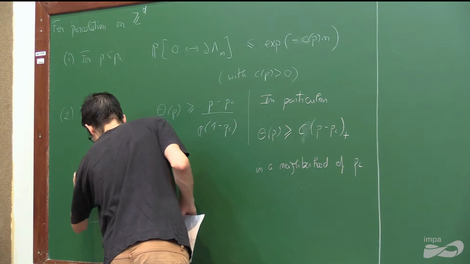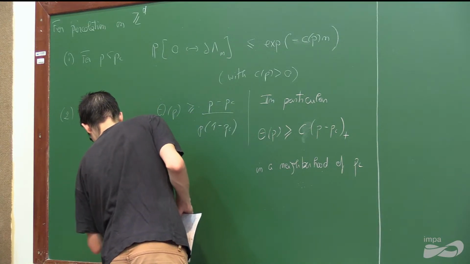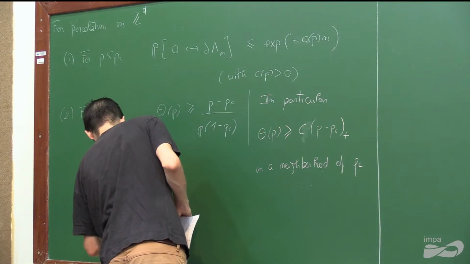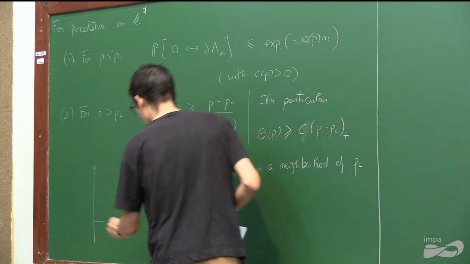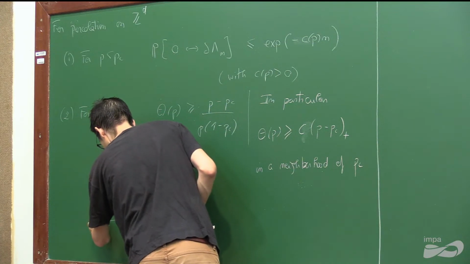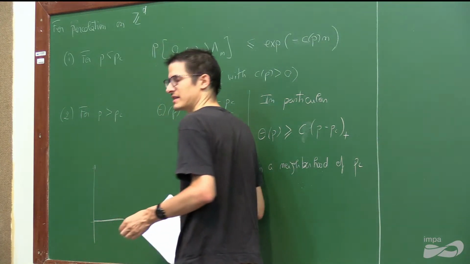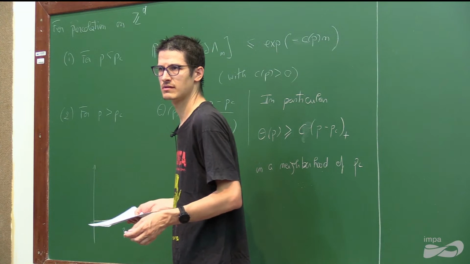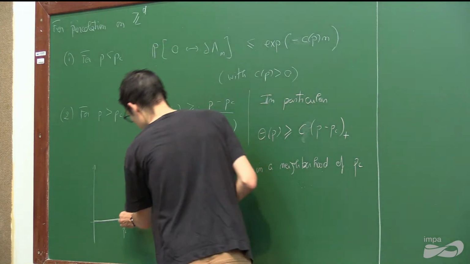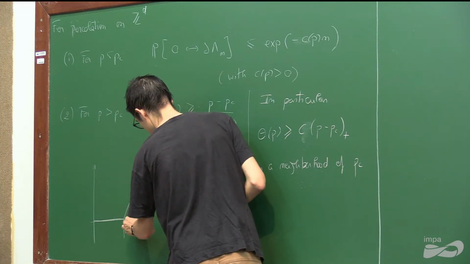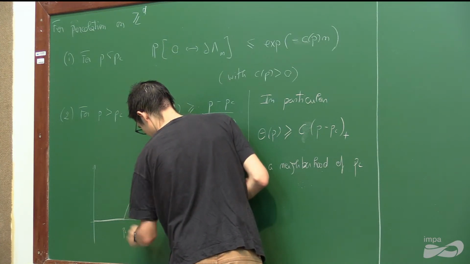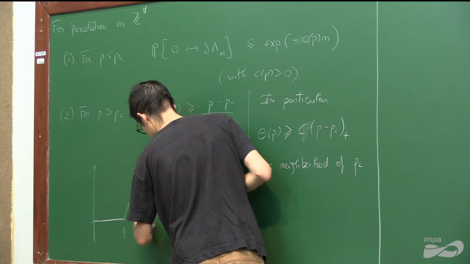In general, we don't know much about what happens at p_c. But what we know is that at least, for instance, the first derivative of theta(p) is discontinuous. So this is the kind of lower bound it gives you.